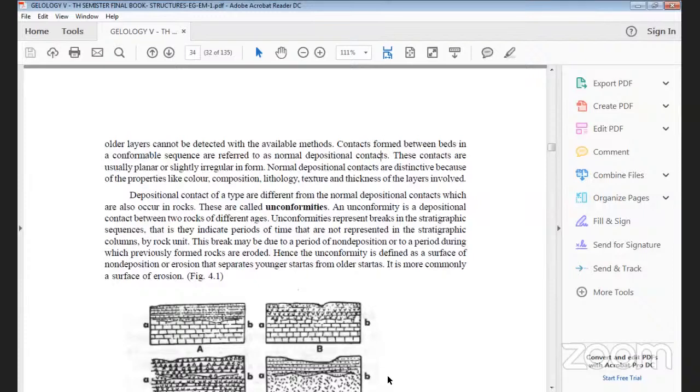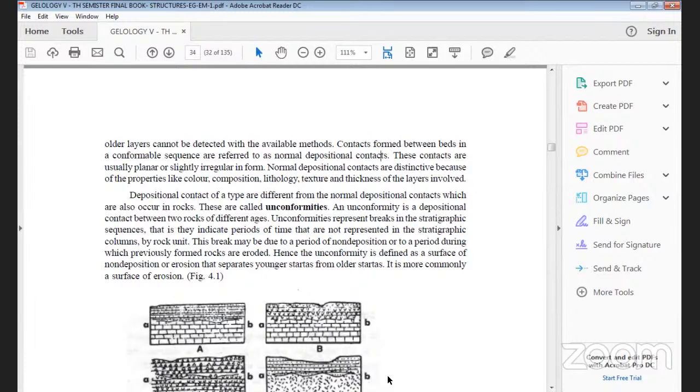The depositional contact of this type is different from the normal depositional contact, which also occurs in different rocks. The term we call it is an unconformity.